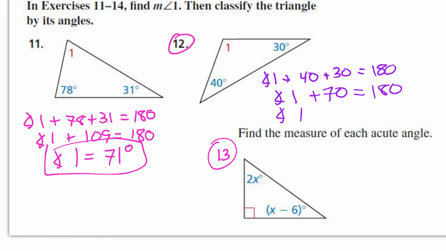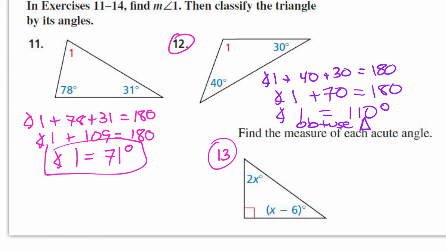Angle 1 is equal to 110 degrees. And this is an obtuse triangle because this angle here, angle 1, is greater than 90 degrees.